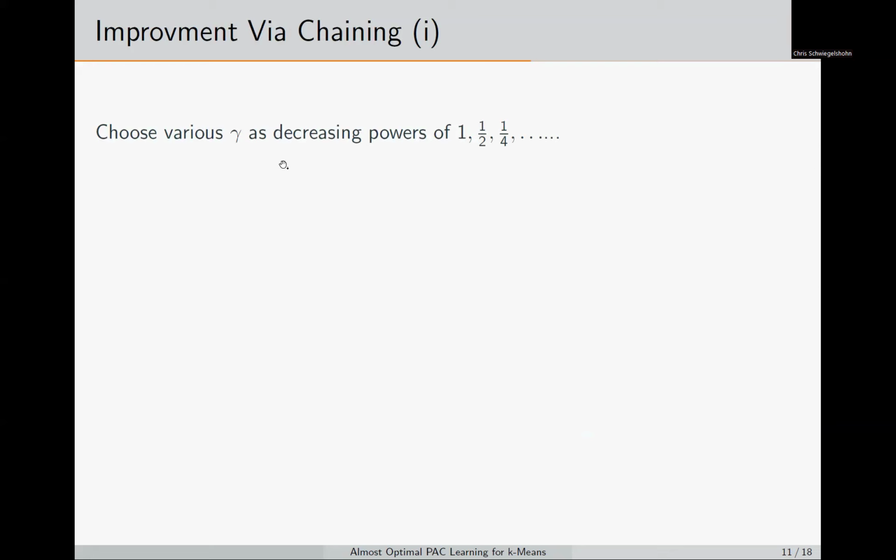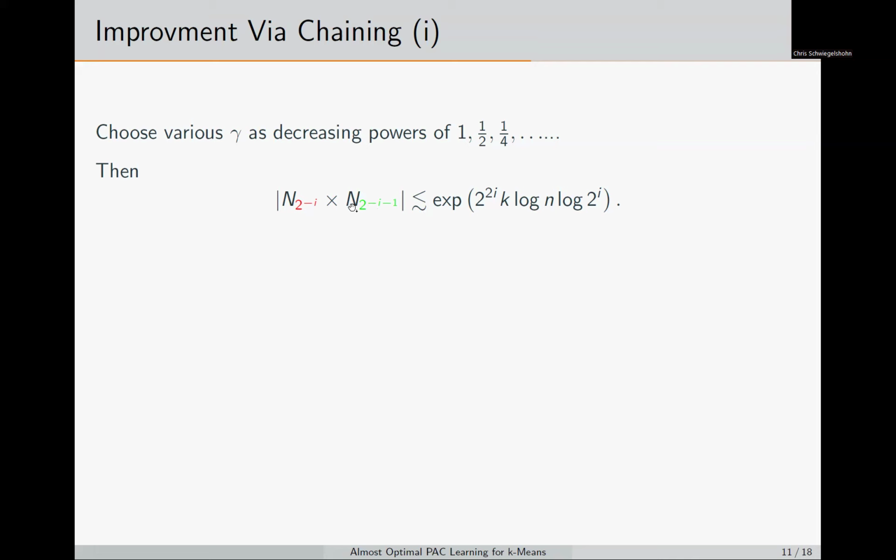So specifically, we're going to choose gamma to be decreasing powers of 2, so 1, 1/2, 1/4, and so on and so forth. Then we know that the net sizes that we're looking at are going to be obtained by the Cartesian product of the nets of various granularities.